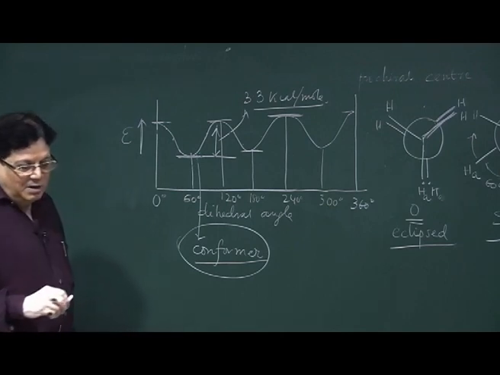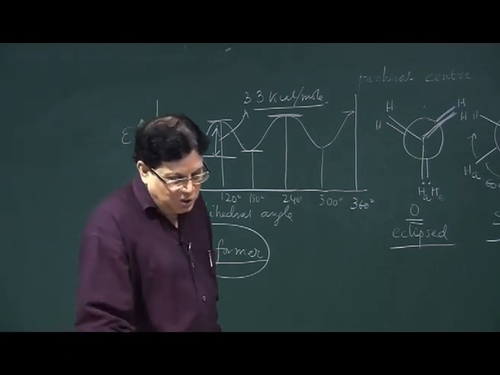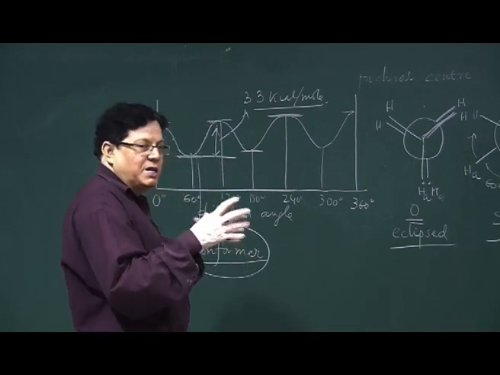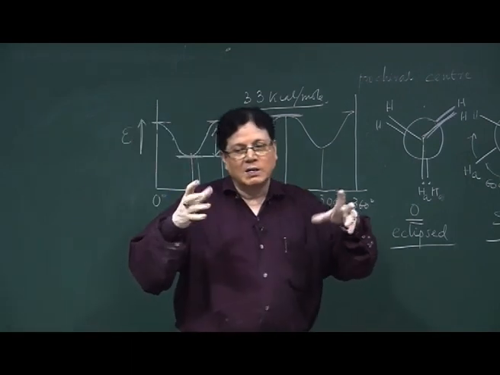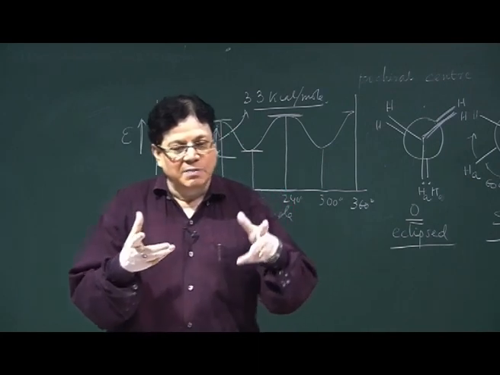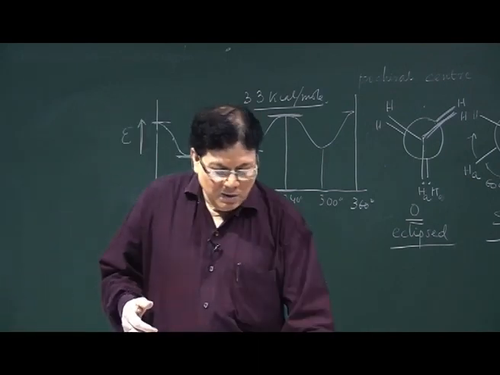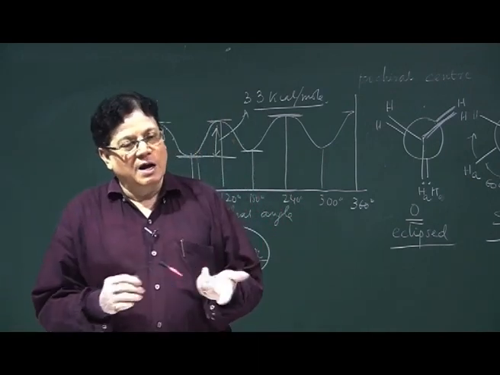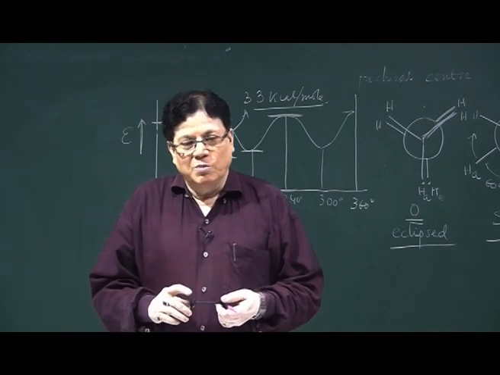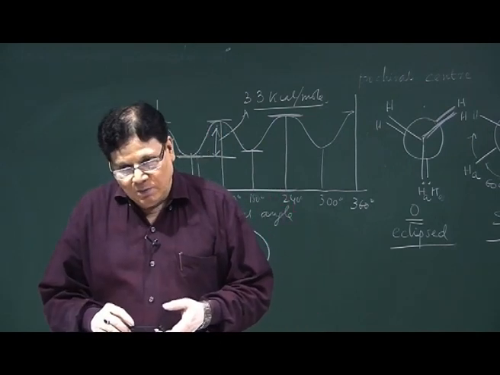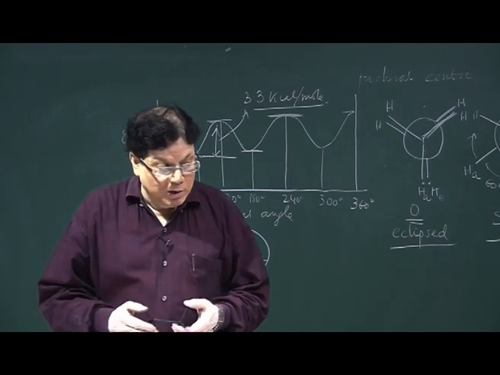So, now come back to this concept we have just introduced. Conformations are the infinite number of spatial arrangements that you get by rotation around a single bond, not for a diatomic molecule.